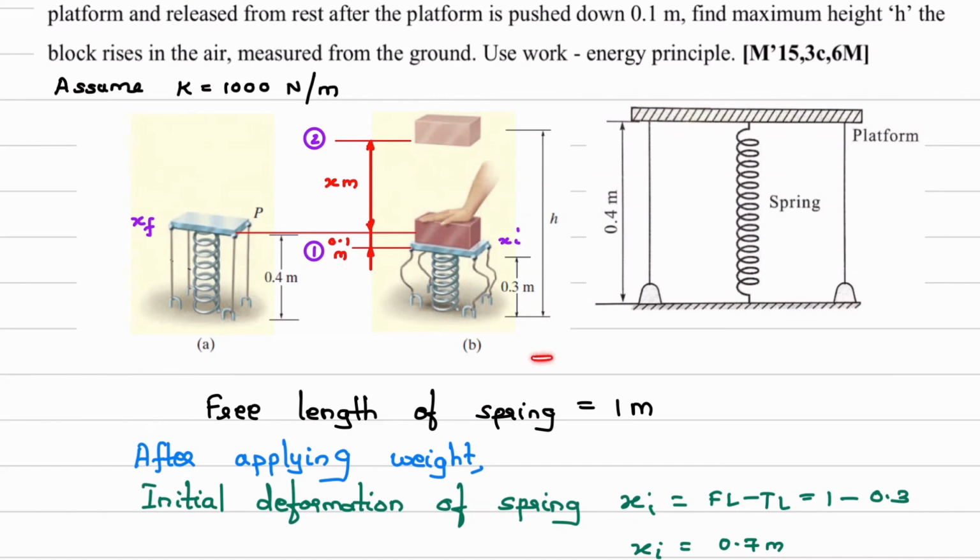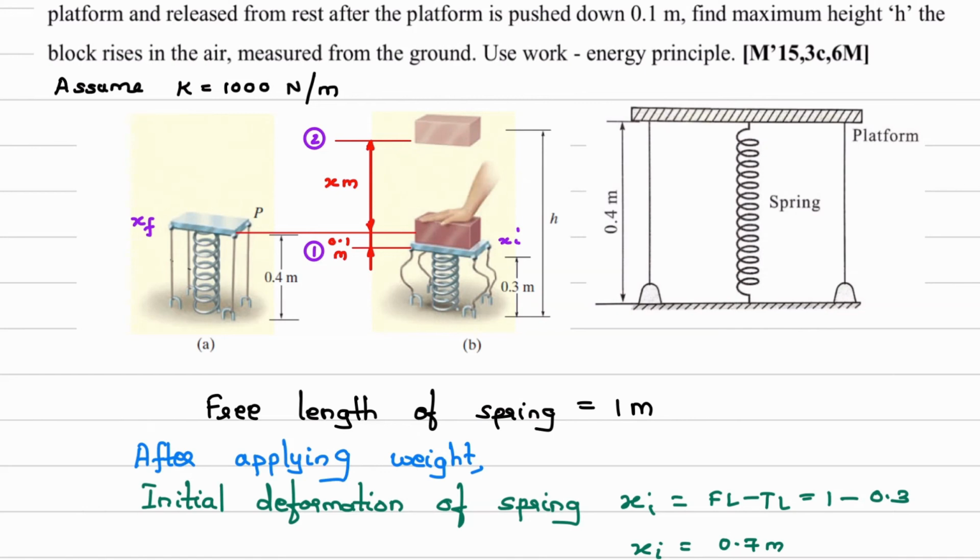Okay, it will be minus mg. And what is the height by which block is being raised from initial position 1 to final position 2? It is 0.1 plus x. Okay, because platform will reach this height first of 0.4. So that is why 0.1 plus x. That is the height which we have to use while considering potential energy.